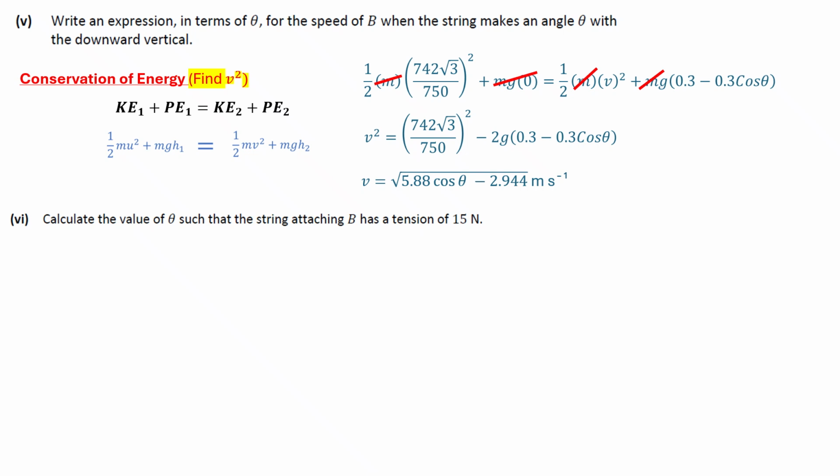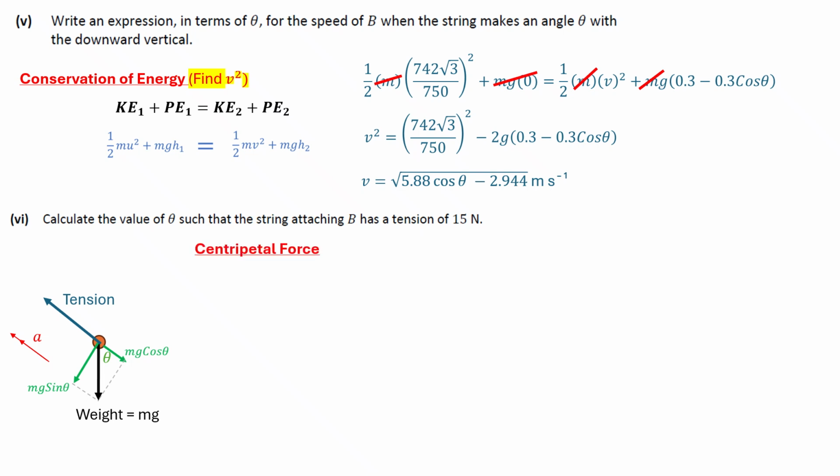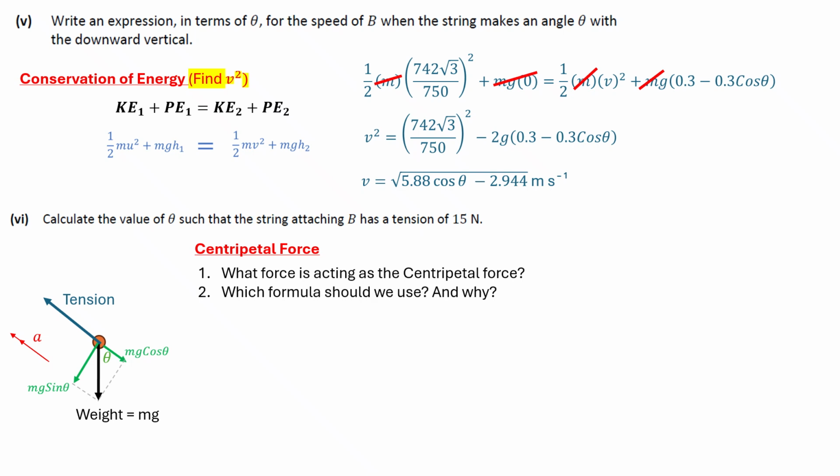We're told to find the value of theta such that the string B has a tension of 15 newtons. So just bringing back our diagram, here's our resolved piece. After you've done the conservation of energy, the next thing we always think about is what is the centripetal force? So what force is acting as a centripetal force, and which formula should we use and why?